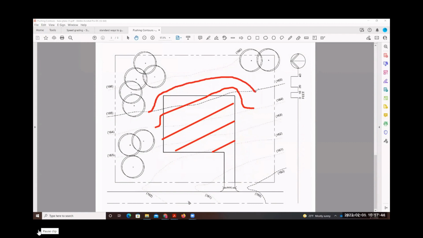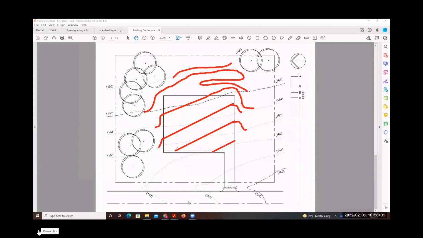Well, now we got a drainage problem, but that's okay. What if we find a way to do that? Go way up here and then come back with some sort of a swale back to there. And now this one is going to connect down to here, and this one has to connect down to here.